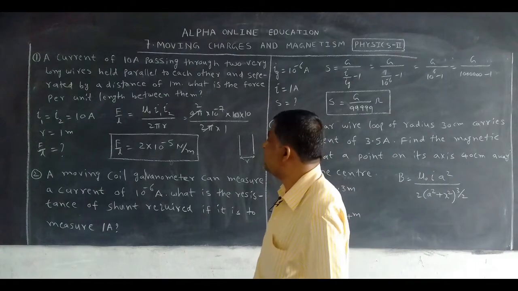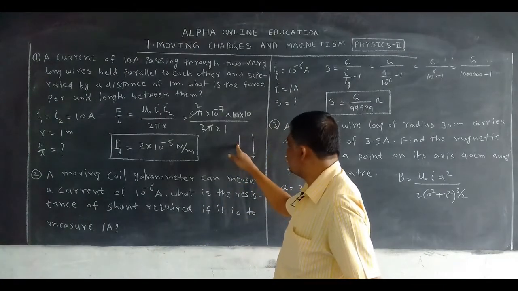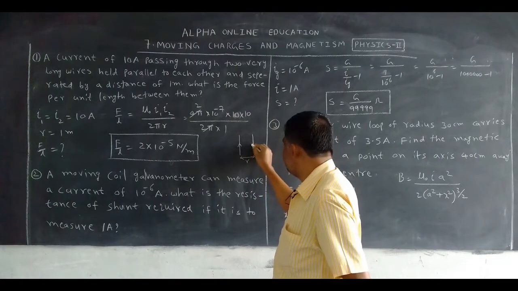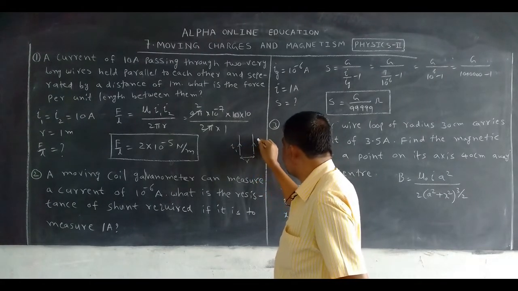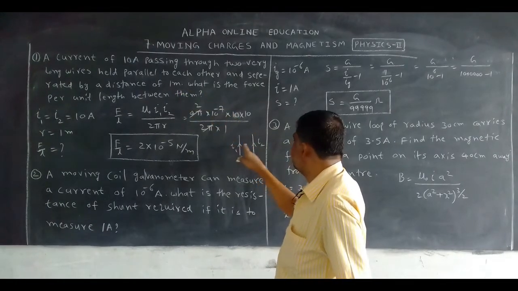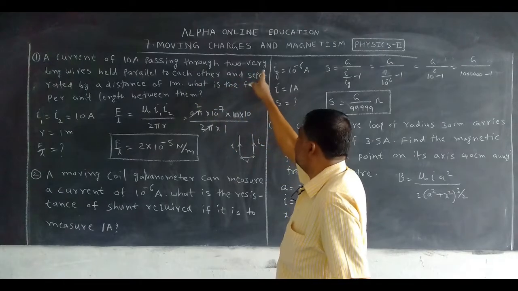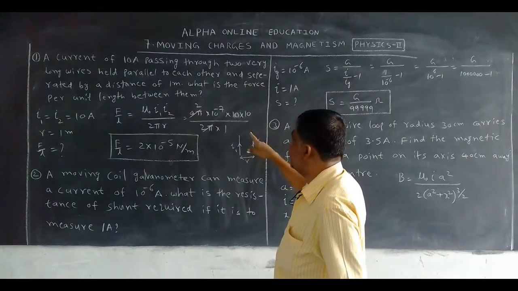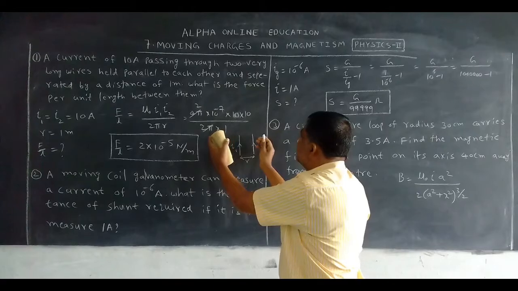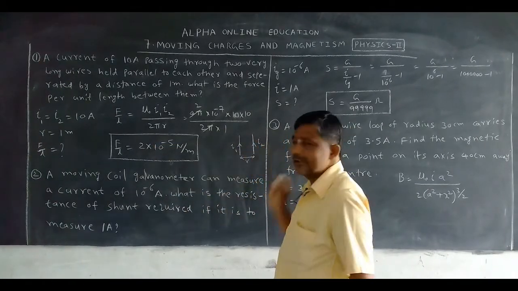Now, what is given in the problem? Current through this wire is 10 ampere. Current through this wire is also 10 amperes. Here 10 amperes, here 10 amperes. The wires are very long, held parallel to each other and separated by 1 meter.